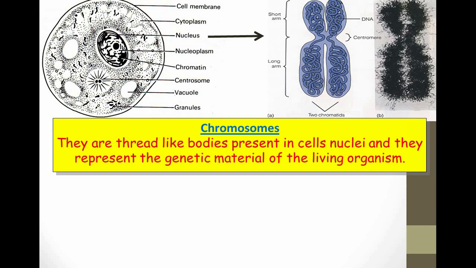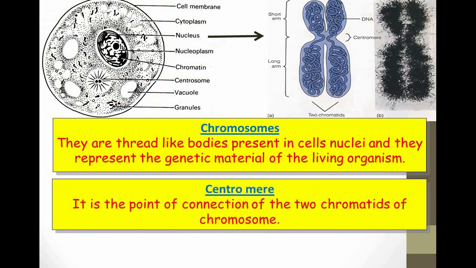Again, somatic cells and reproductive cells contain a nucleus. The nucleus is the most important organelle in the cell. Also, the nucleus contains thread-like bodies called chromosomes. Chromosomes represent the genetic material of a living organism.